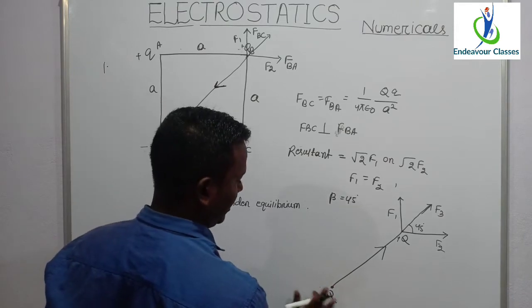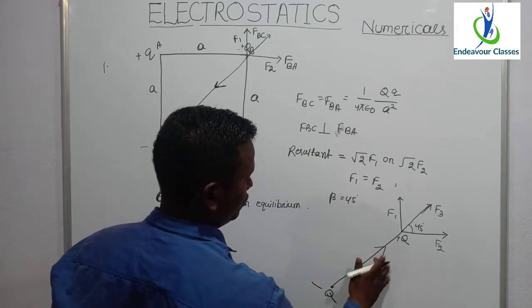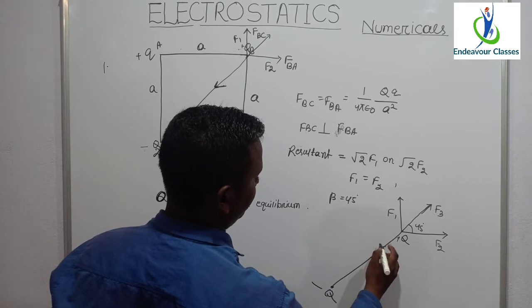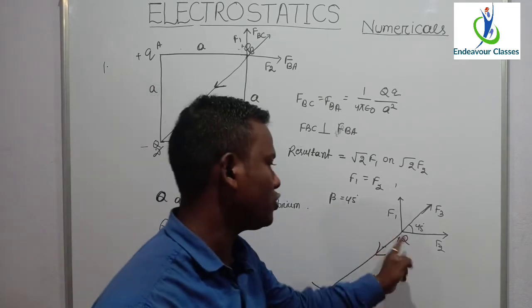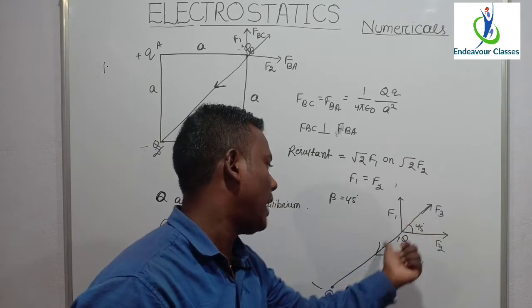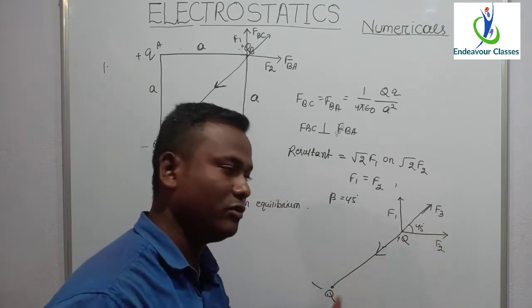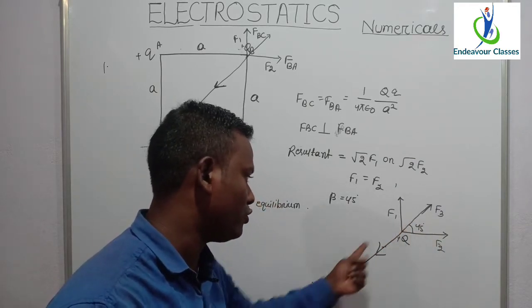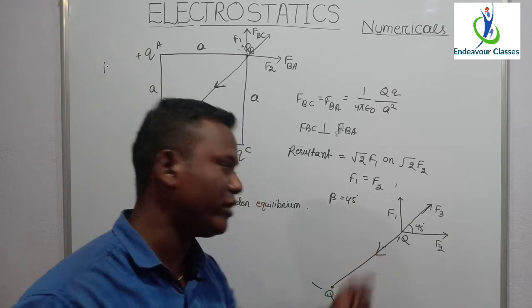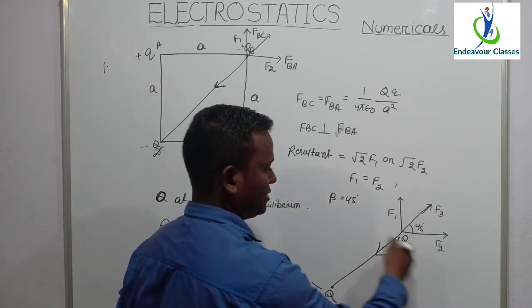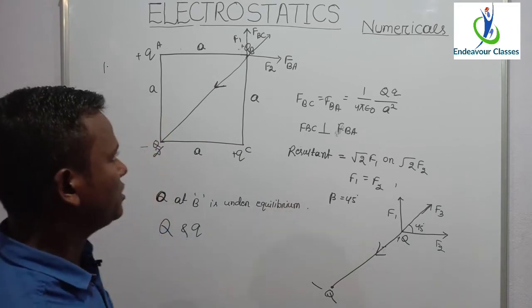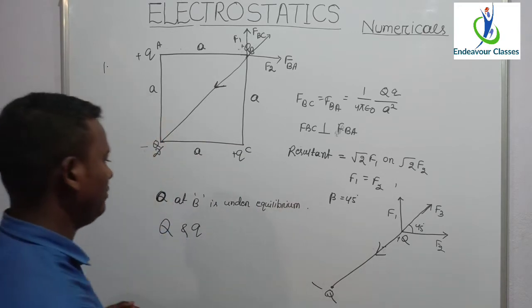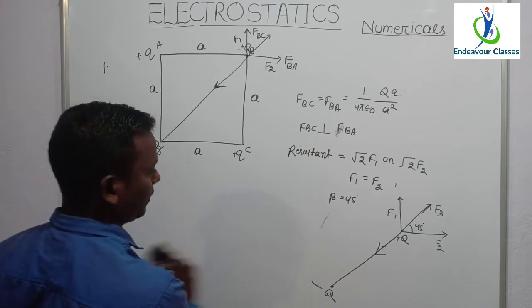So the direction of the force will get reversed and this will be along this. So the resultant of these two will be in this direction, and if it is minus Q, the direction of the force between these two will be in this direction. So they may cancel each other if their magnitudes are equal. So this is the fundamental behind this question.